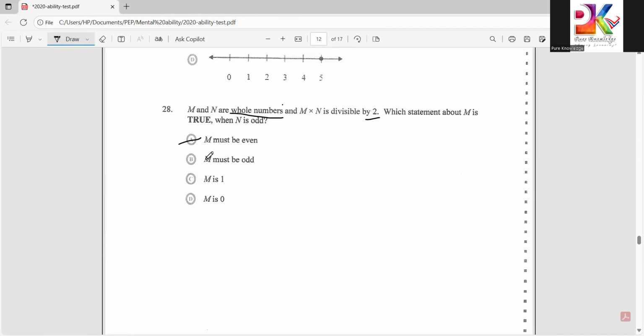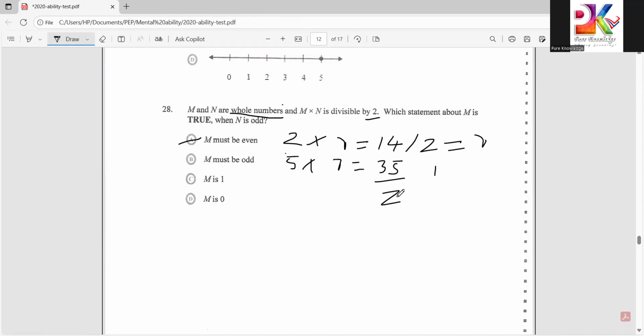So we try M odd. We say 5 and 7, I will get 35, and 35 can't be divided by 2. So we make M even. I will say 2 times 7 equals 14, and 14 divided by 2 gives you 7. While the other will give you a remainder of 1. It can't be divided by 2 without leaving a remainder.